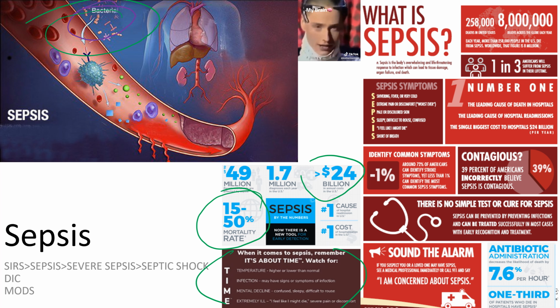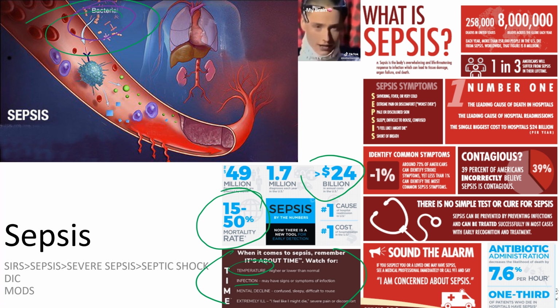One thing I teach patients and families is that TIME is an acronym. T is temperature: do they have a temperature elevation? I is infection: is there something obviously infected, purulent? They might have tenderness to a joint or an area of their body. It might be infectious, so we have to make sure families and patients are aware of it.